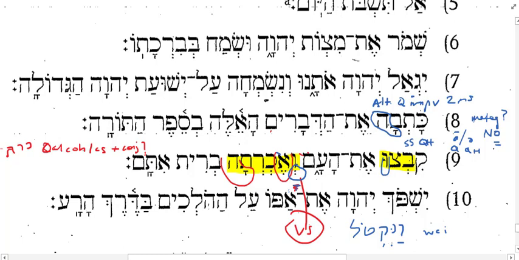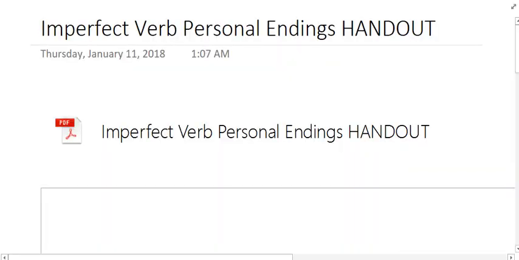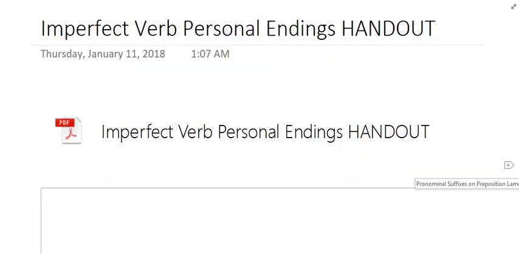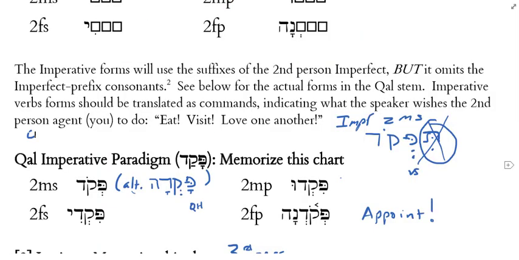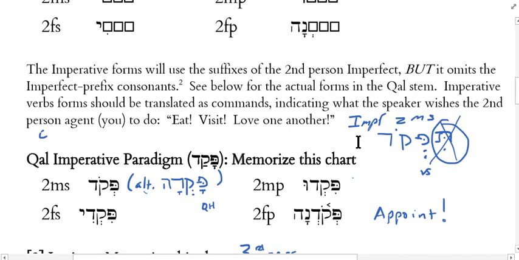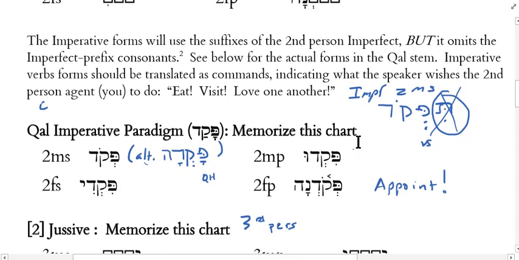When we were going through our lesson on this, let me pull that up here. We worked through this handout. I neglected to tell you this when we first went through the imperative forms, but by the time we got to the end of the handout, I mentioned here that we've got this situation where the 2MS is pakod, but there's an alternate form, pokda, pokda.